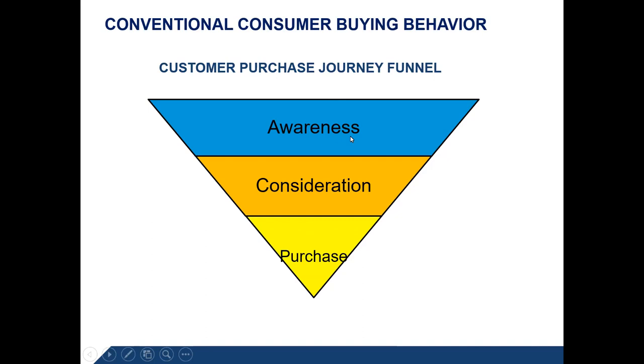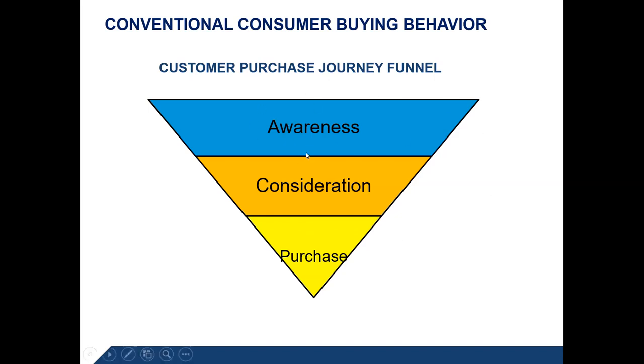Now, we are representing the purchase journey as a funnel because the funnel also indicates the size of the consumers that you encounter during each of these stages. For example, in the awareness stage, the firm is trying to reach out to a large number of consumers to be able to maximize its chances of converting as many as they can.